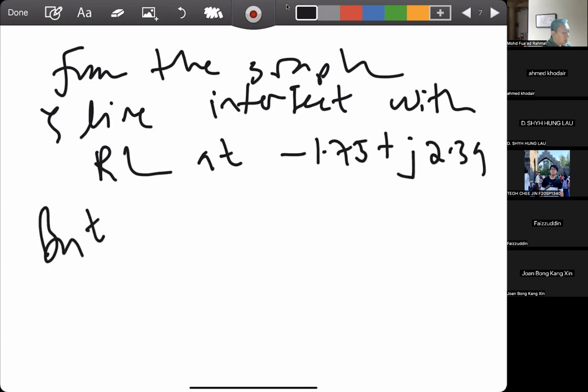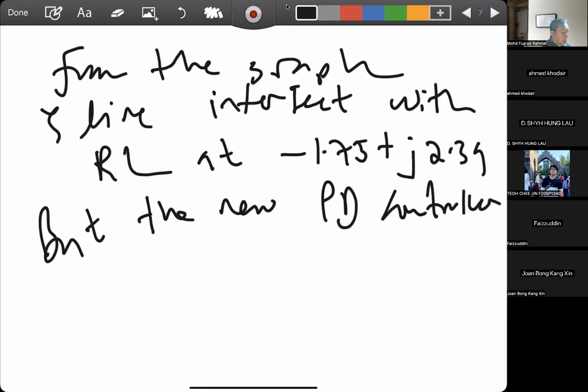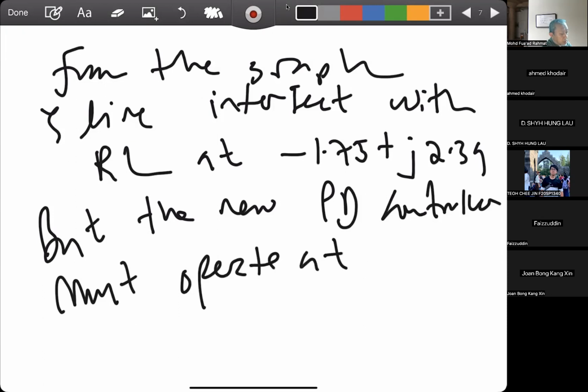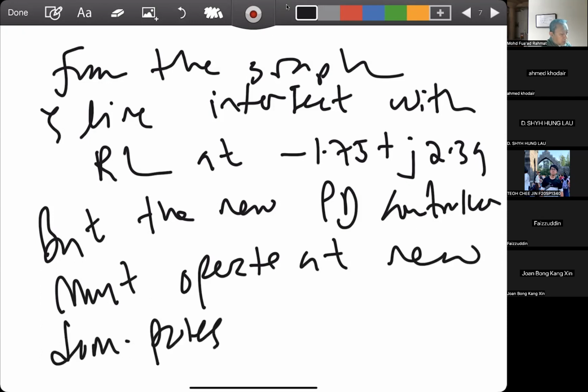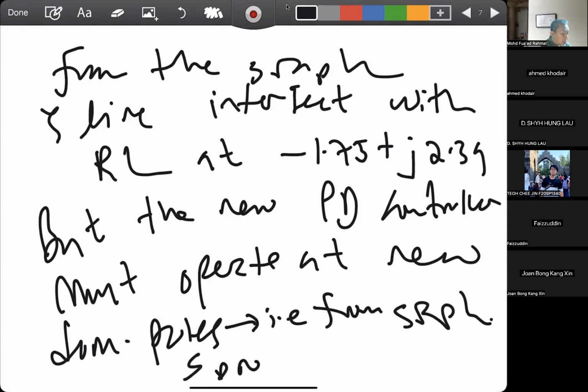But the new PD controller must operate at the new dominant pole, i.e. from the graph. If you read from the graph, the SD new is minus 6.99 plus j 9.56. Okay.